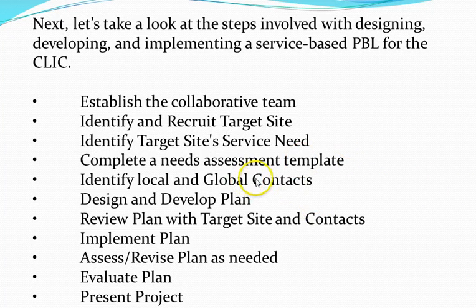Teams will also want to identify local and global contacts, design and develop a plan, review the plan with target sites and contacts, implement the plan, assess and revise the plan as needed, evaluate the plan, and then finally present the project.